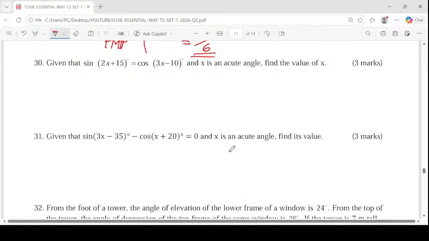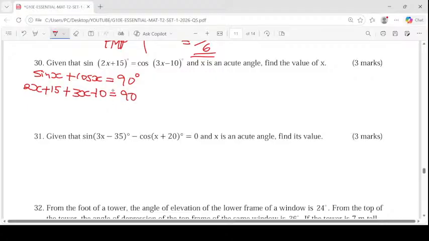Question number 30. Given that sine 2x minus 15 degrees is equal to cos 3x minus 10, and x is an acute angle, find the value of x. We know that sine x plus cos x is equal to 90 degrees. So the sine x is 2x plus 15 plus the cos x, whose value is 3x minus 10.